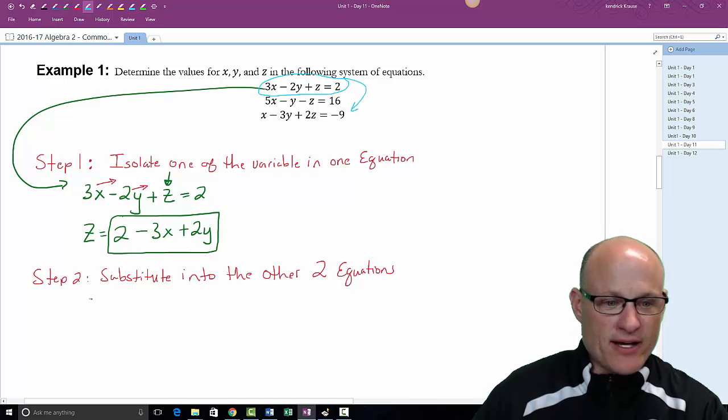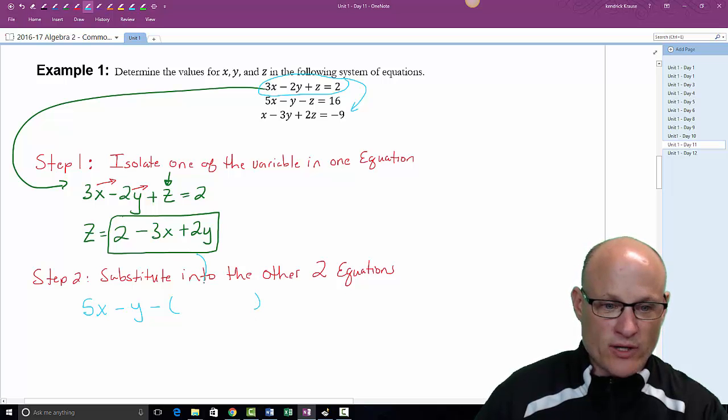So 5x minus y minus, and again, anytime I substitute in using parentheses, what I found out z to be, 2 minus 3x plus 2y equals 16.